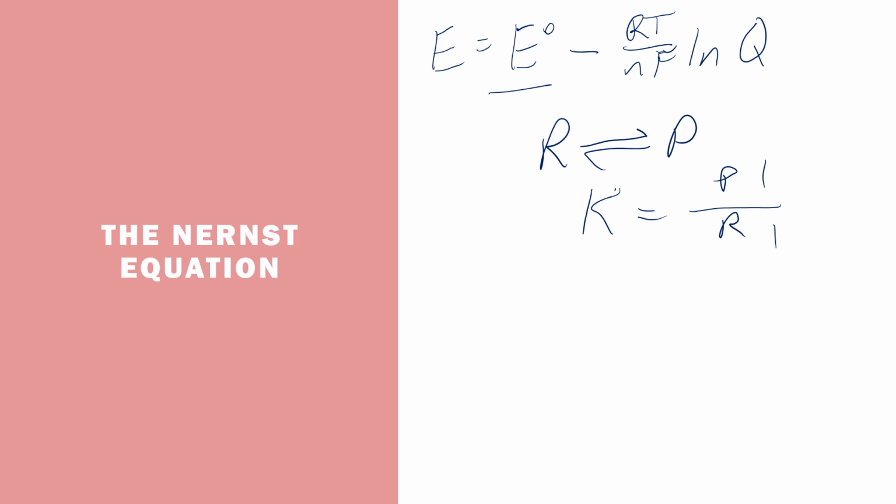Right. Now let's say, for example, you have non-standard conditions, and you find that Q is greater than K. That means Q is too big. I have too many products. I need to make more reactants to get it to reach equilibrium. So it will shift to the left towards the reactants.